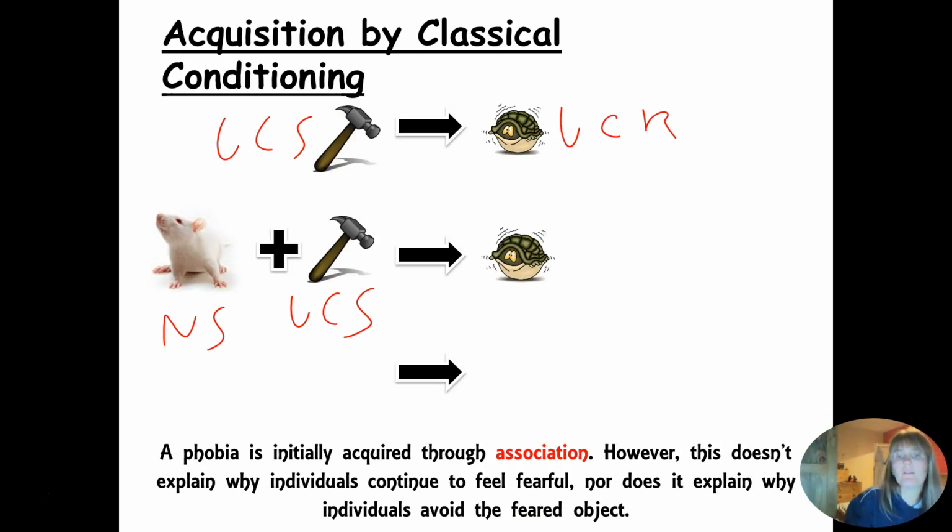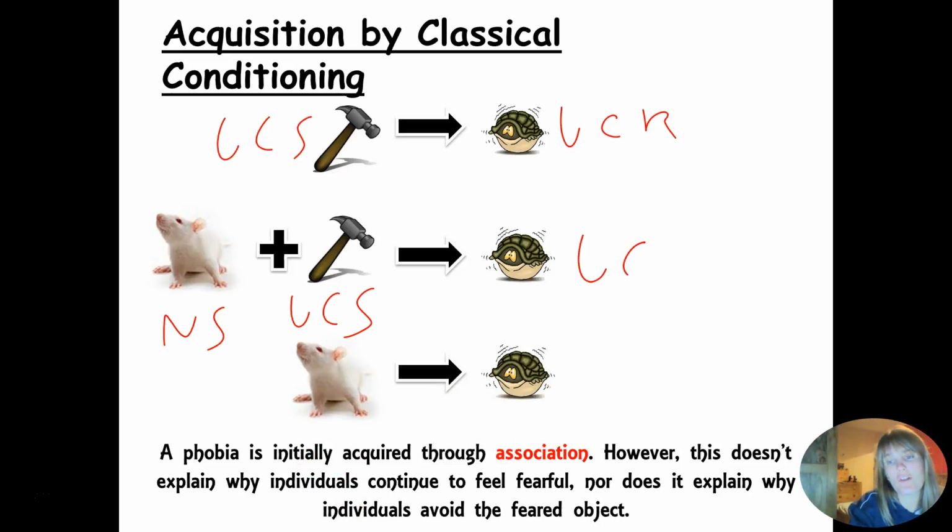That creates, again, our unconditioned response. And because we've learnt via association, it eventually becomes our conditioned stimulus and our conditioned response. So we become afraid of the rat even without the bang of the hammer. So basically we're saying that the phobia was initially acquired via this association.